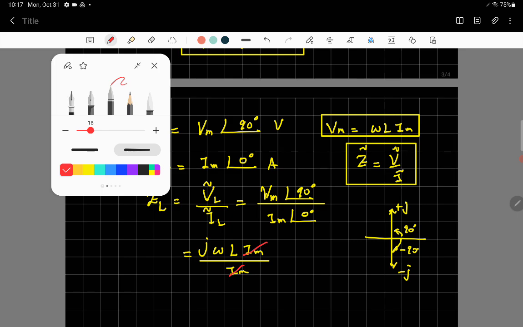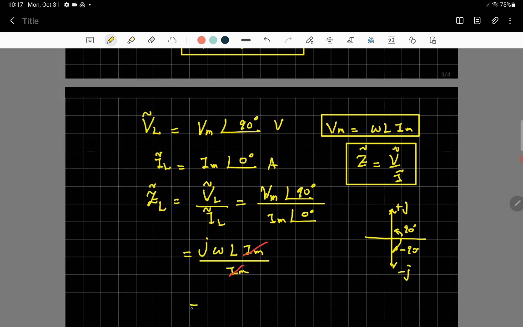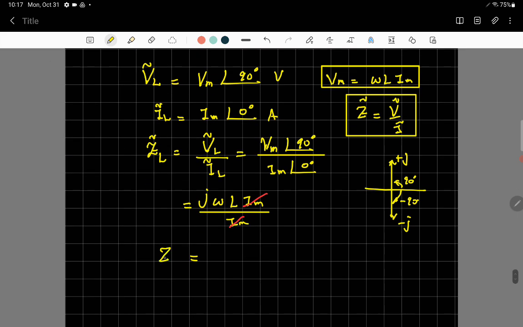So what is the result? The result is ZL equal to J omega L. So the impedance of the inductor is J omega L, not like R. The resistance, if you remember, was a real number, but this one is an imaginary number, J omega L.